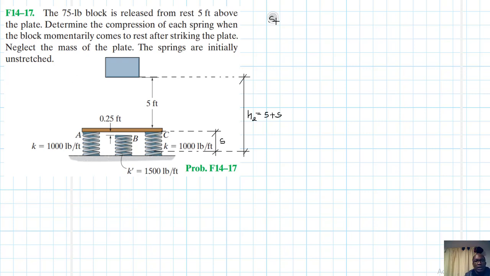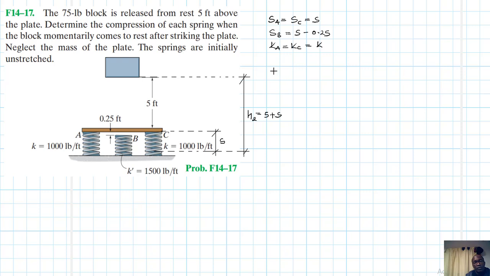Let's say our s_A is equal to s_C is equal to S, and our s_B is equal to S minus 0.25 feet. Then our k_A is equal to k_C is equal to k.